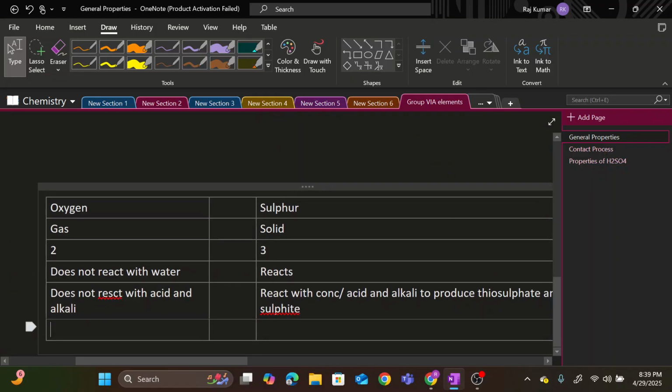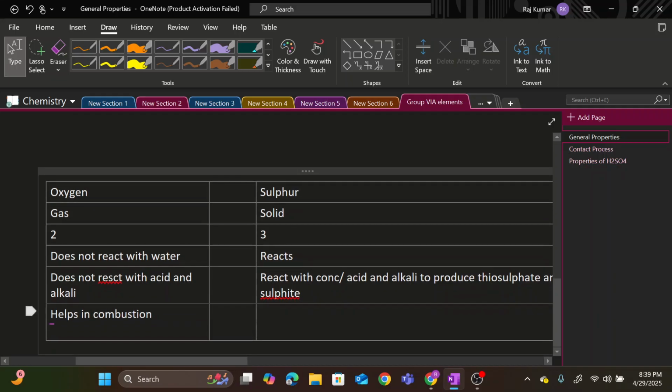Oxygen helps in combustion but is itself not combustible, but sulfur is combustible.